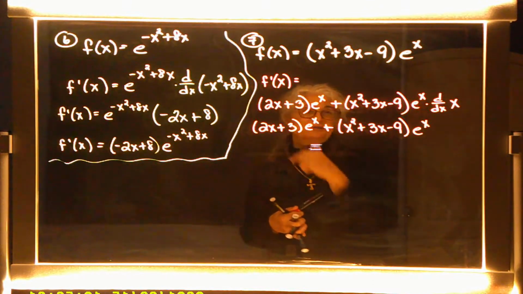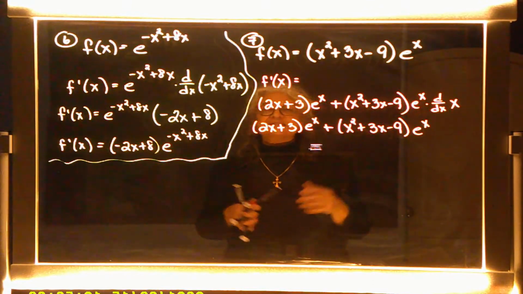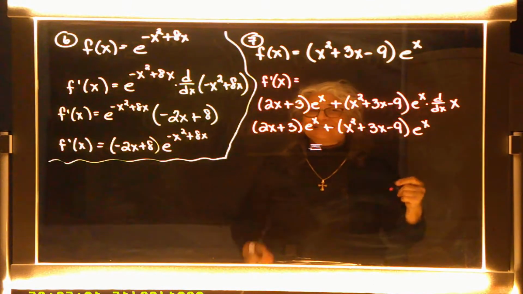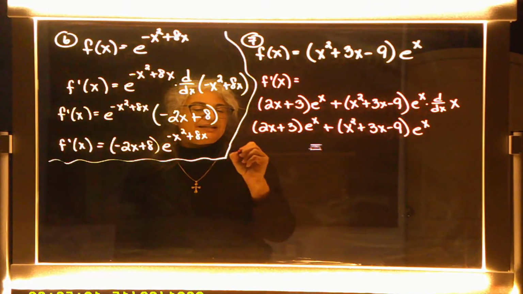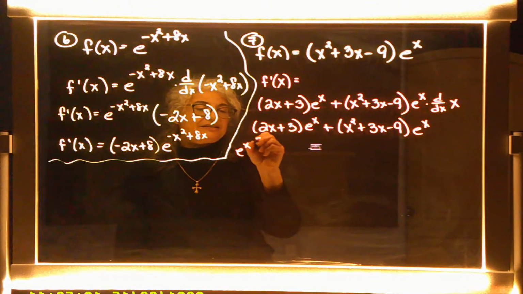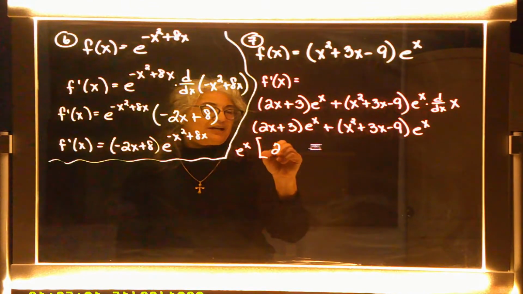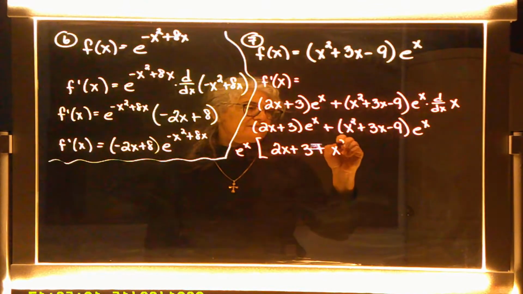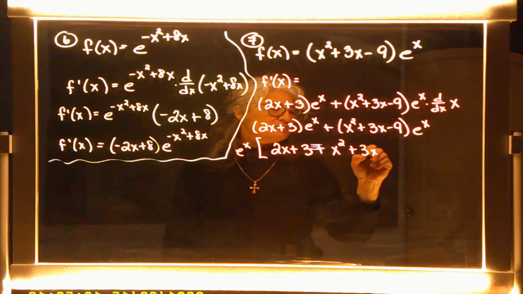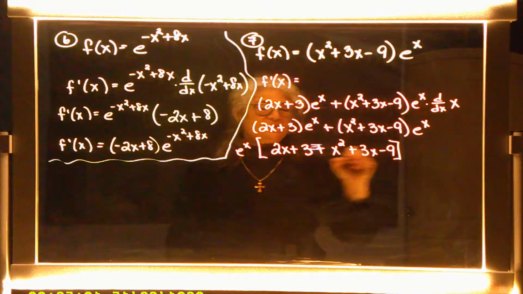Okay, now what? Simplify. Yes. And factor out. What can I factor out? Yeah, we can factor out that e to the x. So I'm going to have 2x plus 3, and I'm adding to it this second degree polynomial. All right.